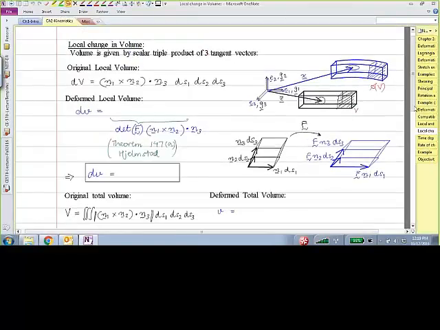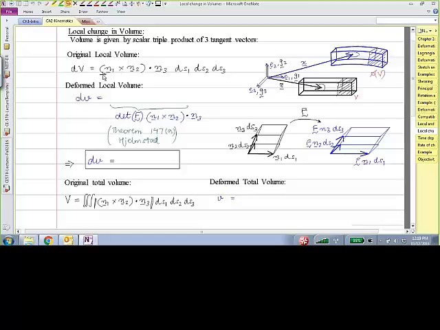So the same thing we are doing here. That's the undeformed local volume. The deformed volume would just be the corresponding mapped tangent vectors FN1 cross FN2 and then the dot product with FN3.